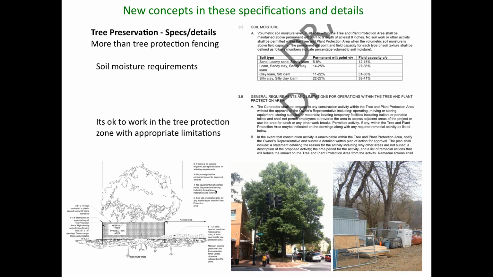This soil moisture box gives you very specific numbers that you can put on the requirement based on soil type, because the volumetric moisture numbers change with soil type, and gives you a point to measure.